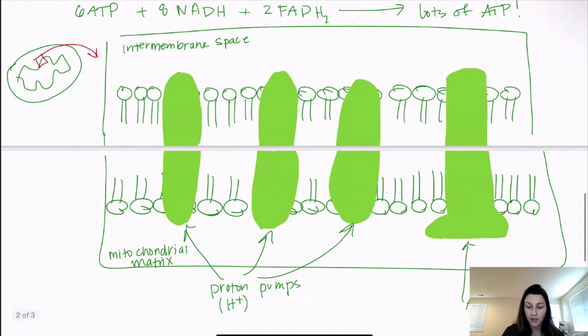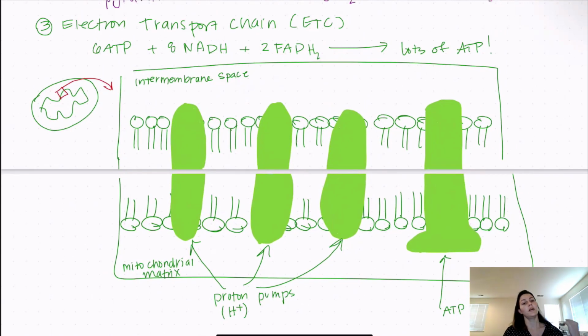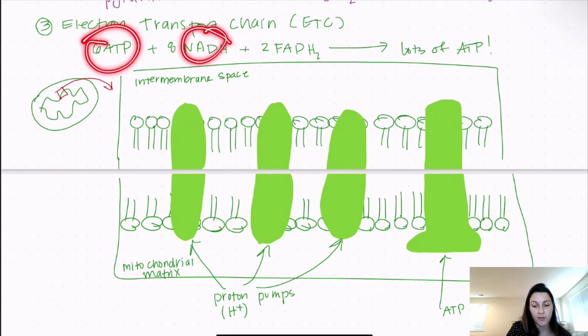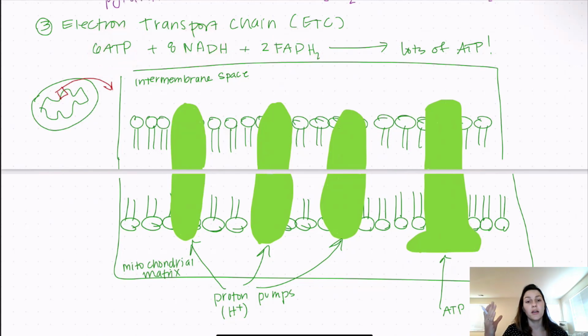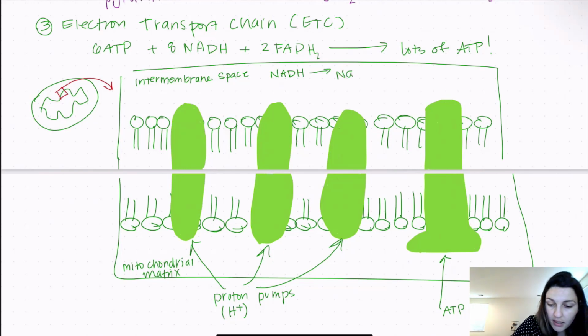So how does that happen? Let's go back to our reaction. We have the electron transport chain. We start with NADH and FADH2. The thing about NADH and FADH2 is we can break off some of those hydrogens. So NADH loses a hydrogen, and then you get NAD plus hydrogen.